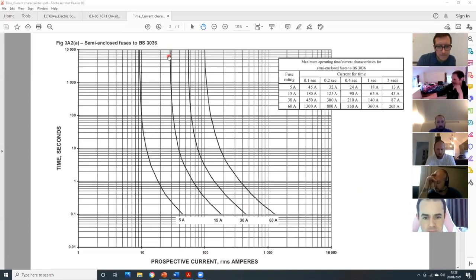Look, for the 15 amp, because there's no 16 amp version, 15 is the closest. Look down through that scale now and see if you can see what minimum current it takes to operate that protective device.